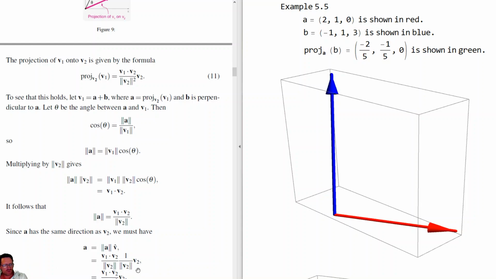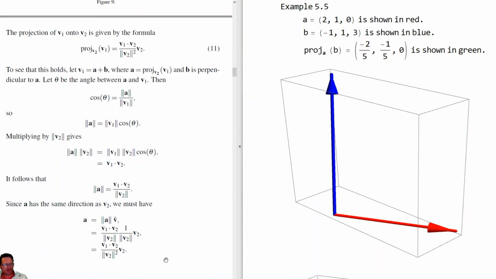And then we move the denominator together, and so we have over the norm of v2 squared. So we get that a, which was the projection of v1 onto v2, is v1 dot v2 over the norm of v2 squared, all times v2. Okay, and so that's our projection formula, and this is the derivation of the projection formula.